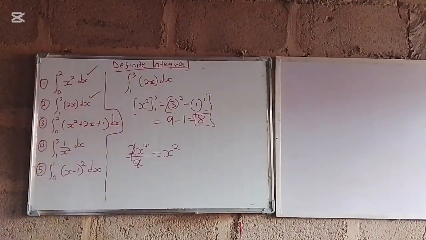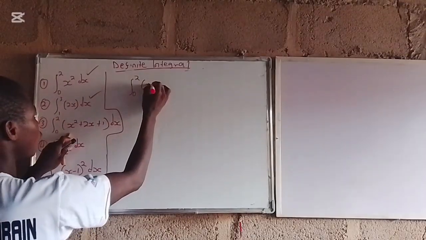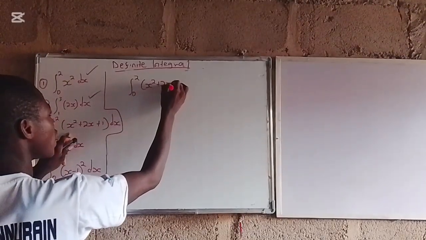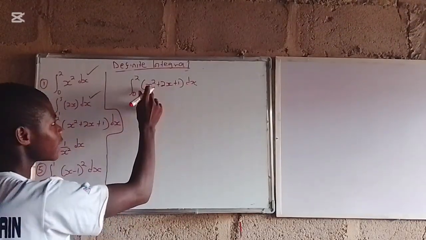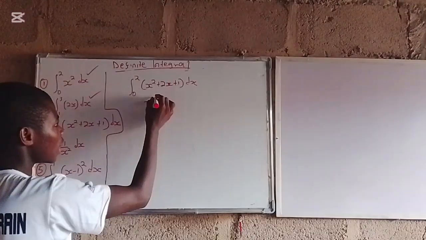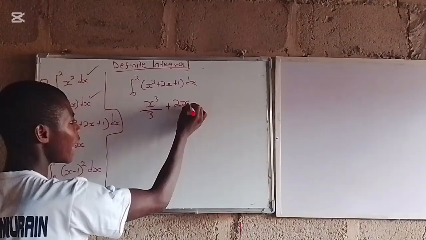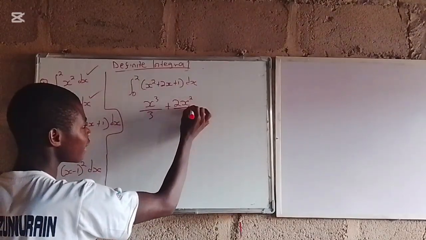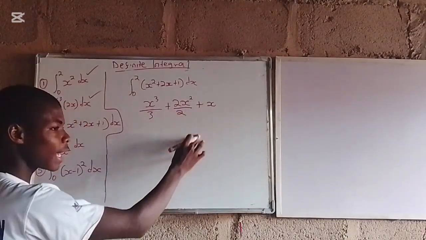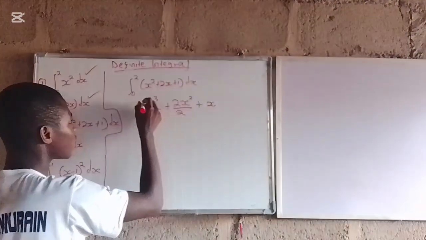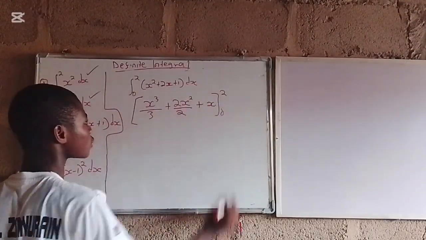The third question: integral from 0 to 2 of x squared plus 2x plus 1 dx. If I integrate this inner bracket, I'll have the power plus 1, which is 3, divided by 3. Then plus 2x, add 1 to the power, which is 2, divided by 2, plus the integral of the constant, which is x, the variable you are differentiating with respect to. After integrating, I'll have limits 0 to 2.